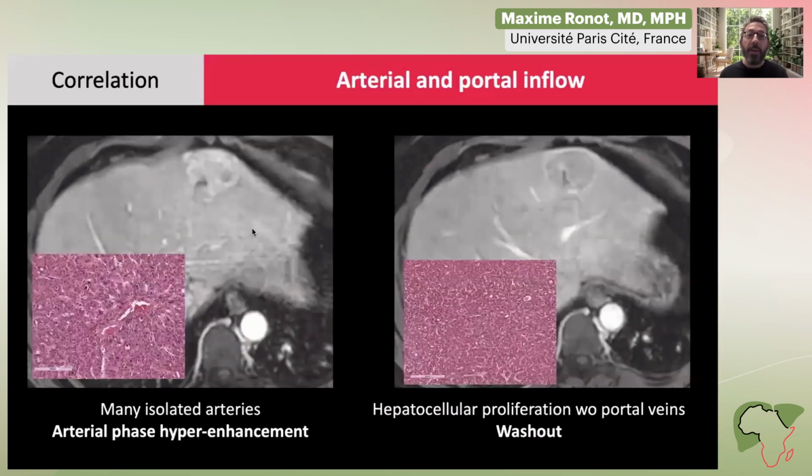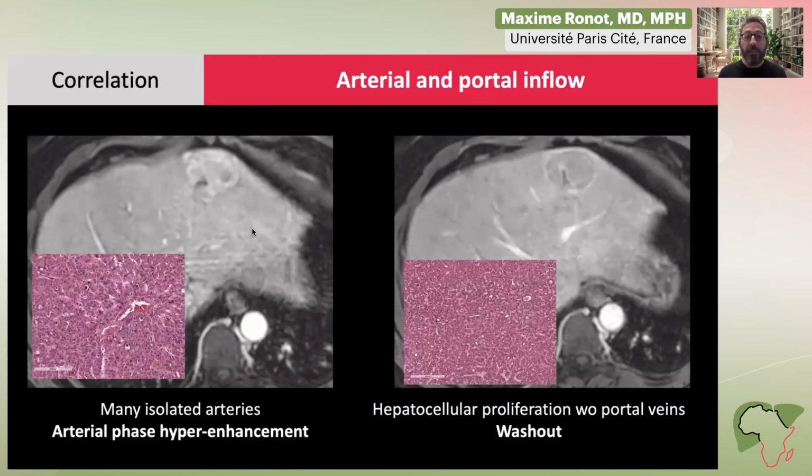And it translates very well on imaging, and these are the two main imaging features that we know, which is first the arterial phase hyperenhancement that corresponds to these many isolated arteries, and on the right hand side you can see some washout, which corresponds to the relative decrease in the portal flow.